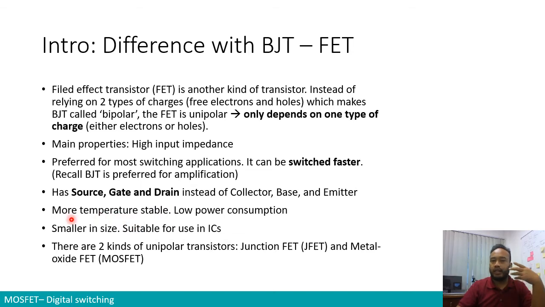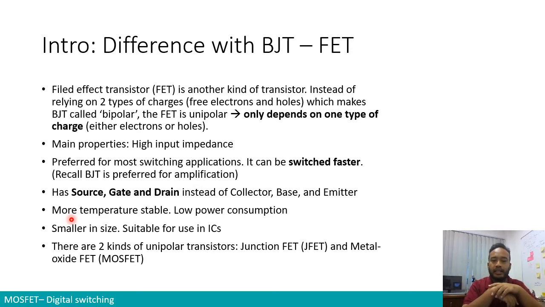Another advantage of a FET is that it is more temperature stable and it consumes less power in comparison to BJT. The size is also smaller, and it is very suitable for use in integrated circuits, in ICs. In fact, if you look at your microprocessors, even in your computers, they are made of FETs, and there are millions and billions of these FETs in one single microprocessor.